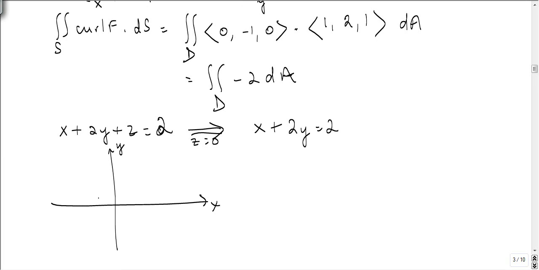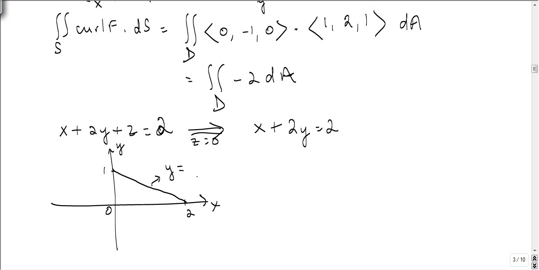When x is 0, y is 1. When y is 0, x is 2. And we are in the first quadrant. Let me solve for y.